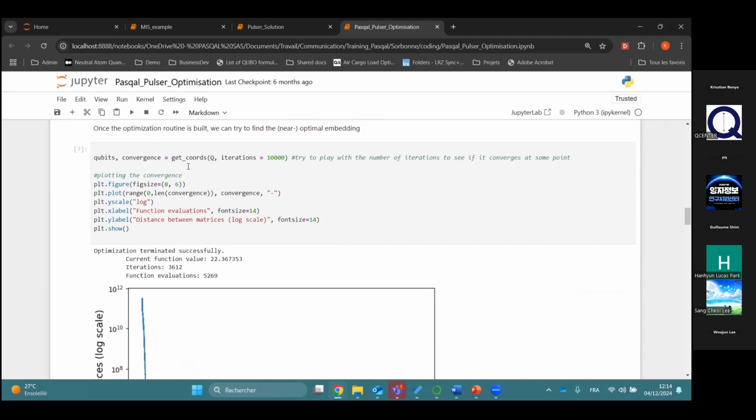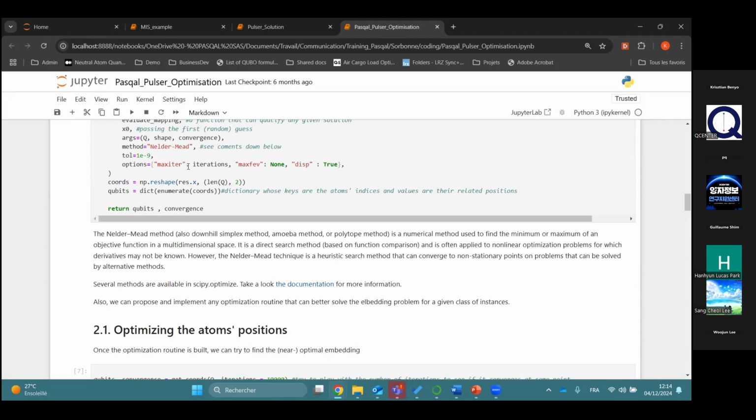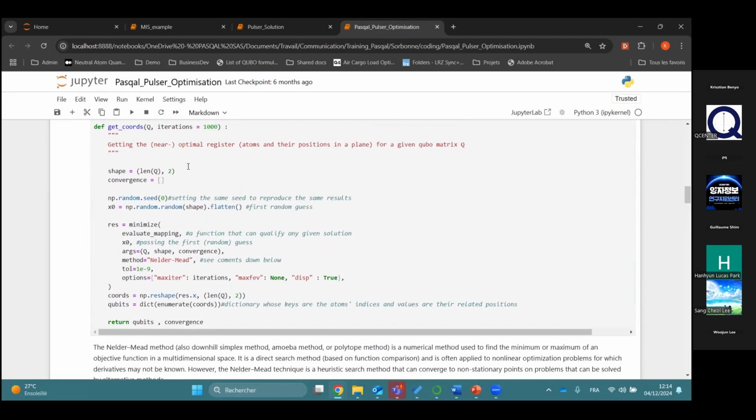So I can use various different optimization algorithms. I'm still using the Nelder-Mead type optimizer that I've used previously, that tends to work quite well for these kinds of purely classical optimization tasks or quantum classical optimization cycles.